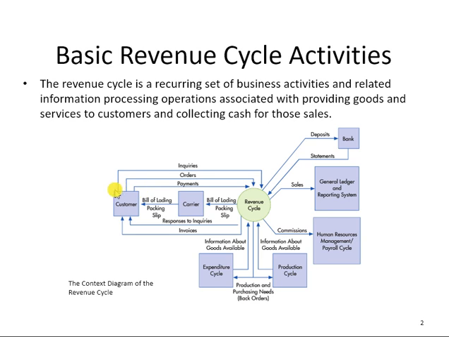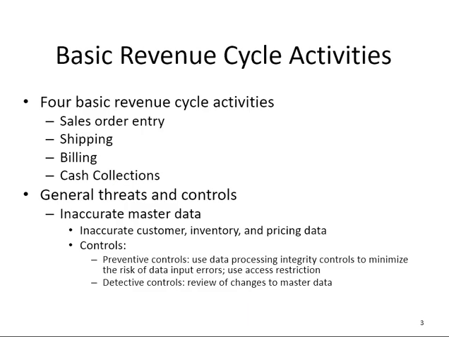If we expand these context diagrams to a little bit more detail, we can see basically four revenue cycle processes. In the level 0 data flow diagram, we have sales order entry, shipping, billing, and then cash collections.